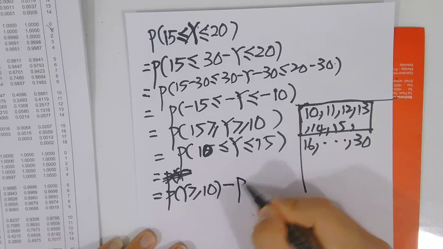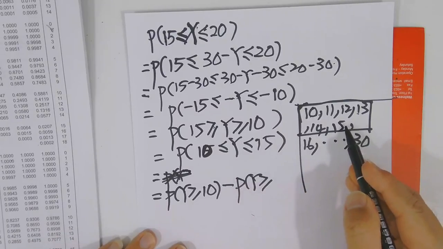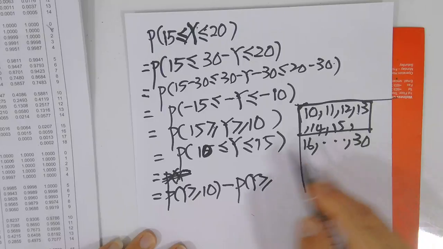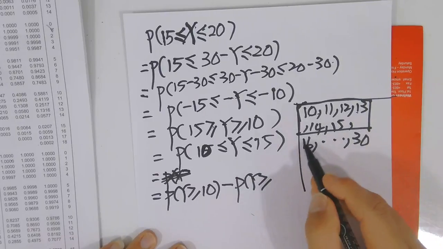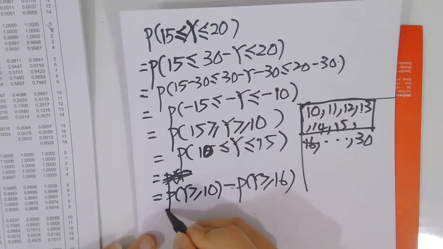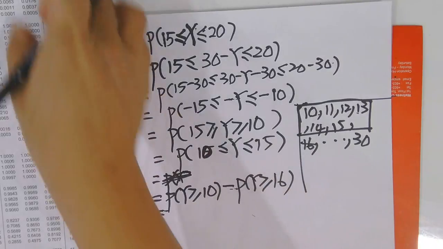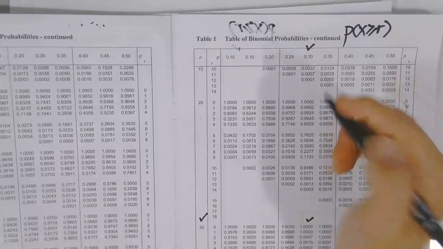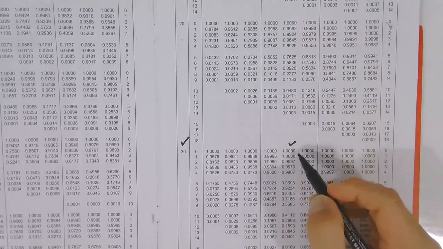So I have to subtract away something that is not within 15, which is 15 and above. Should include it. So I don't want to start from 16, which is not inside the box. That's why I subtract. Now I can read the values from the statistical table. Very simple. 30, 0.3.